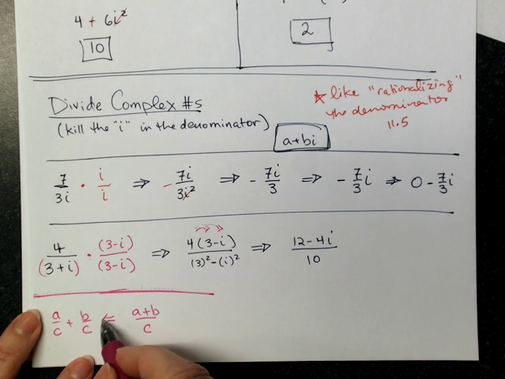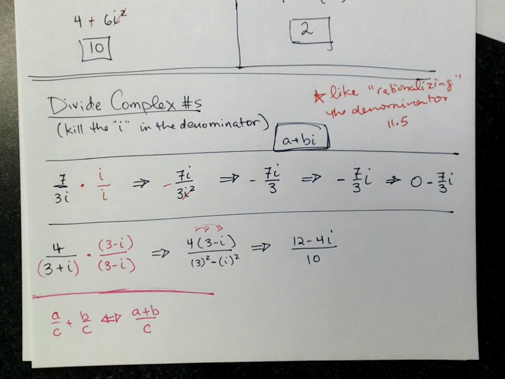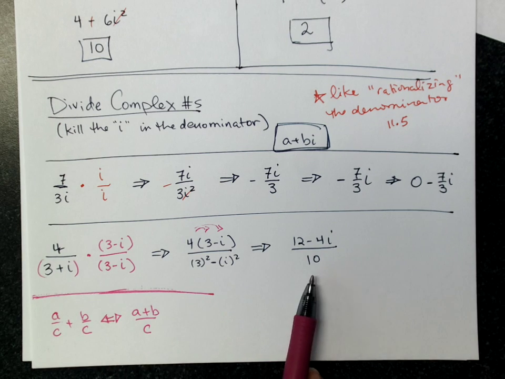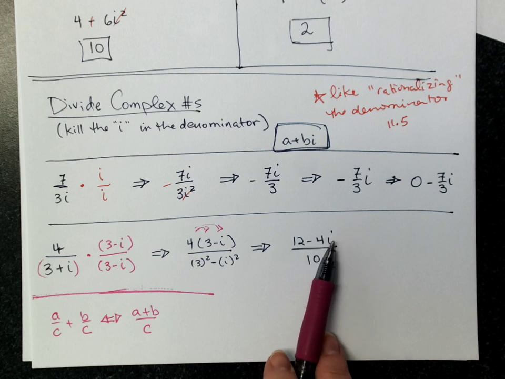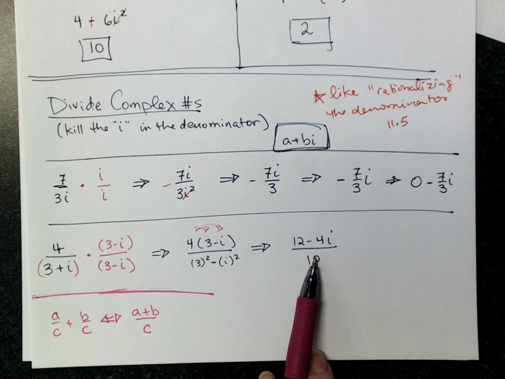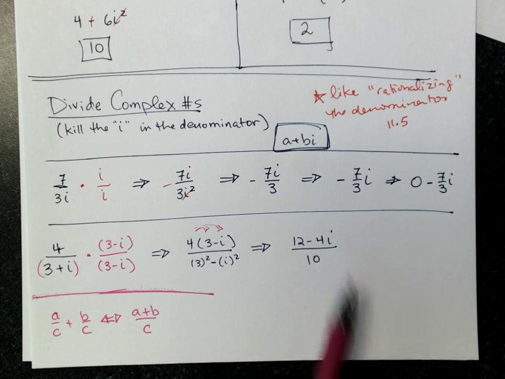You know what? This goes in both directions. If you have something added or subtracted in your numerator and it's over a common denominator, you can split it up to the first thing over the common denominator plus the second thing over the common denominator. That's a fair move. That denominator belongs to each separate thing that's on top. So that's exactly what we have here. We have an a and we have a bi over a common denominator. Well, we're going to give that denominator to the a and we're also going to give it to the bi.